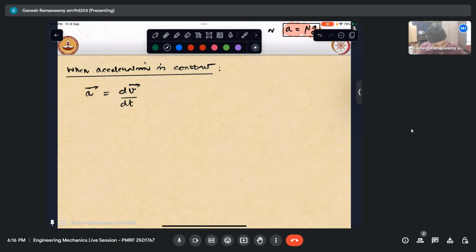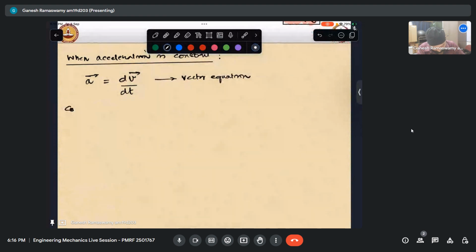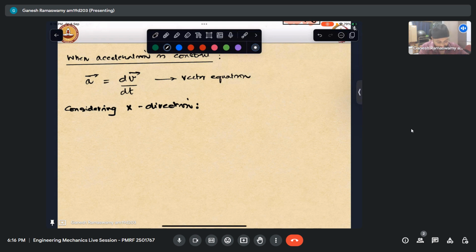This is a vector equation. Now considering the x direction, let me consider the x components of this.